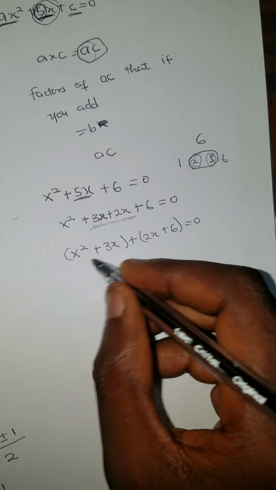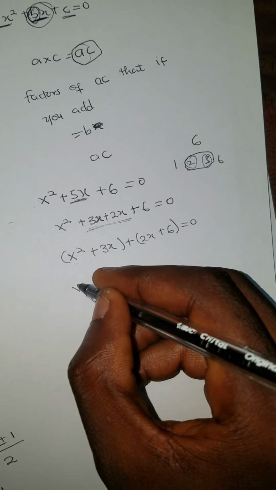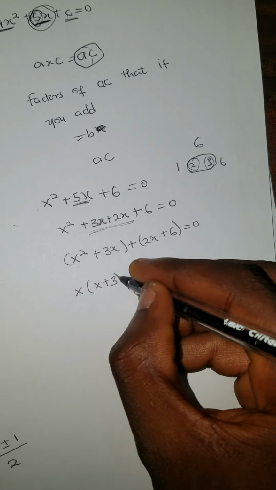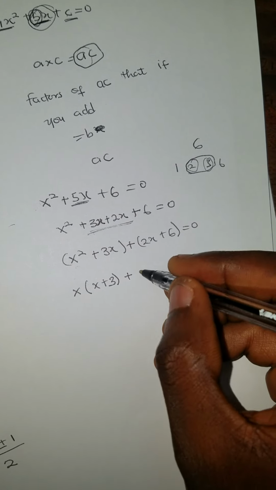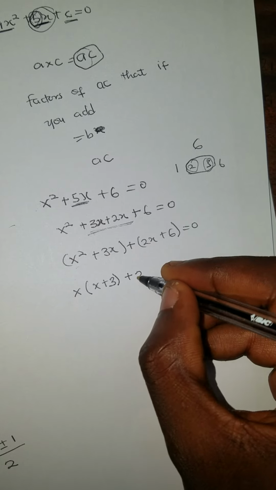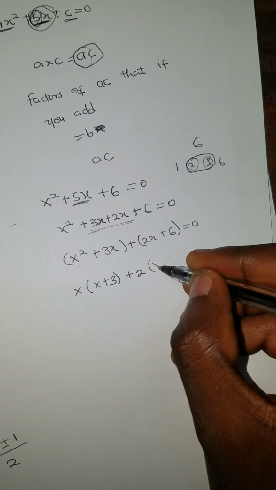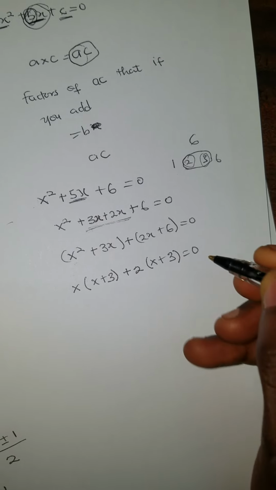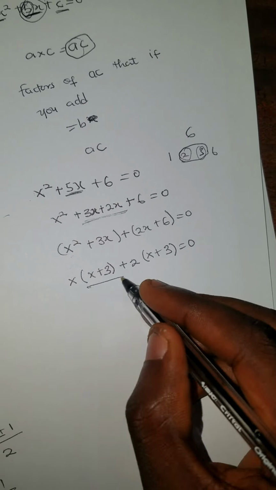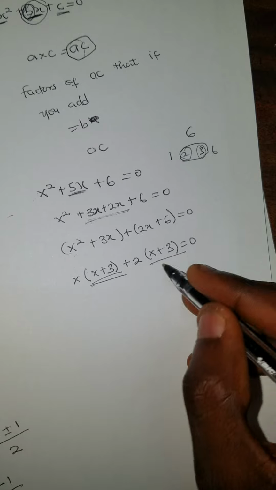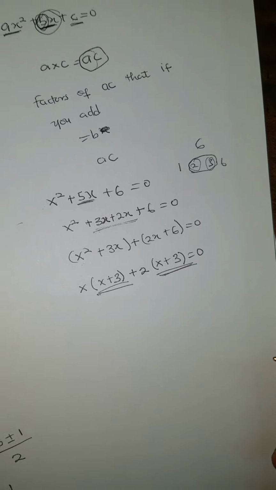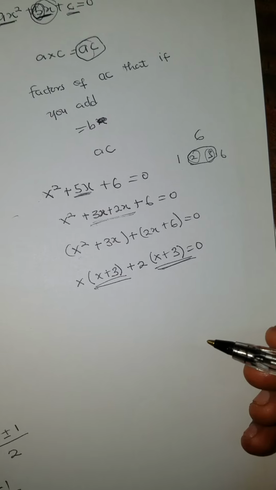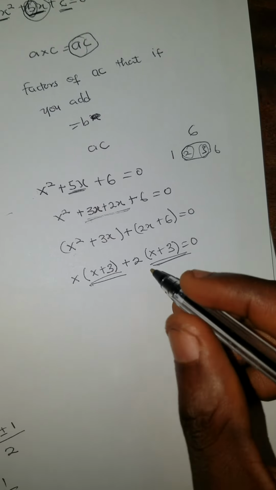So if you have grouped this, we do factorization. What is a common factor here? x. So it will now be x times (x plus 3), plus the common factor here is 2, and it will be 2 times (x plus 3). One thing you need to know is that whatever you get in this bracket, you get the same in the next bracket, so they are always the same.